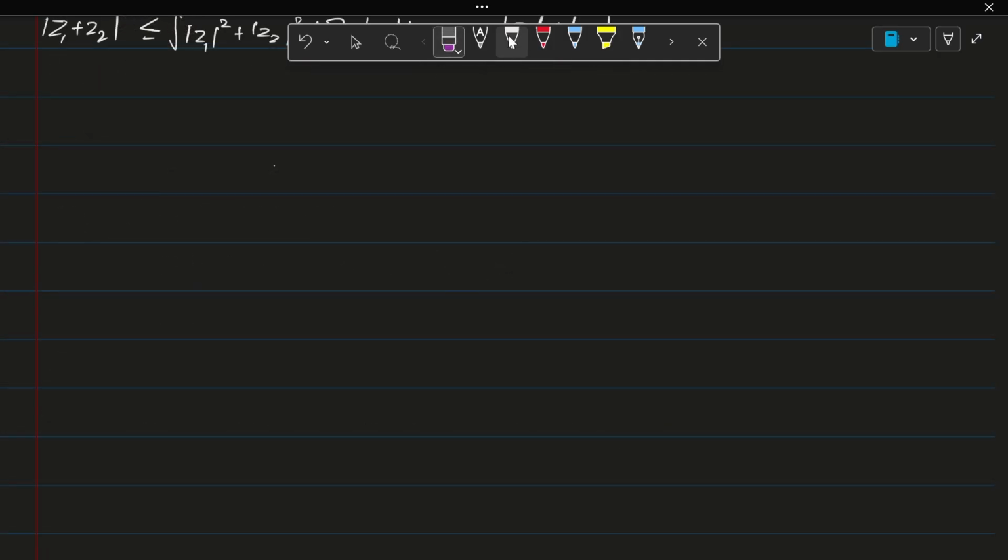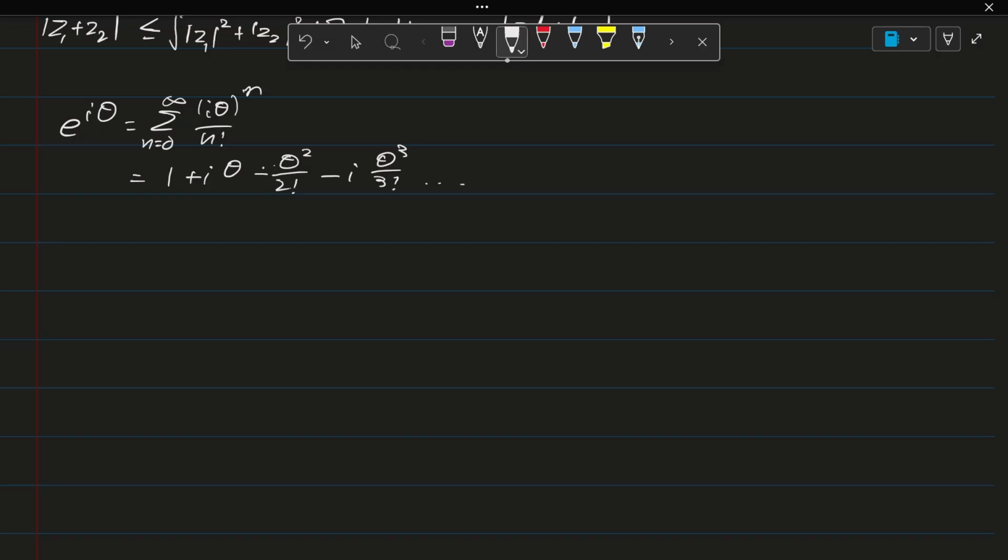So now let's consider the polar form of the complex number. Let's start with e to the power of i theta, and try to solve this. This is just the sum from n equals 0 to infinity of (i theta) to the power of n over n factorial. So this corresponds to 1 plus i theta minus theta squared over 2 factorial minus i theta cubed over 3 factorial, and so on.